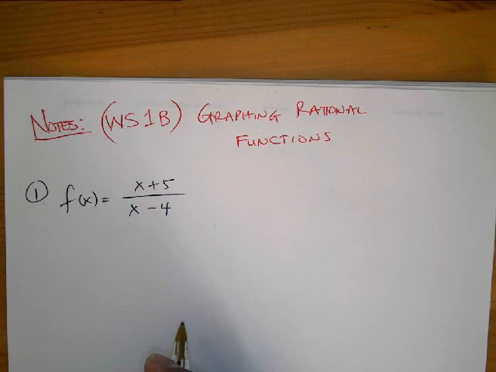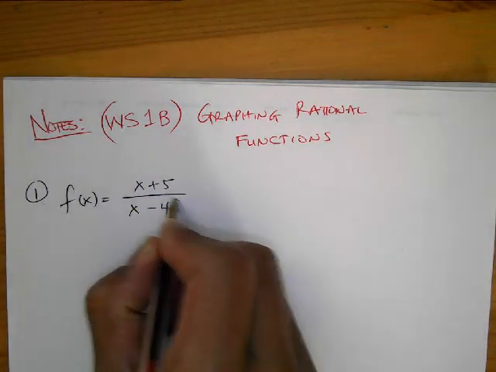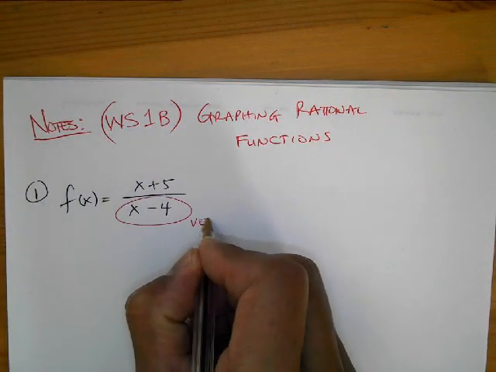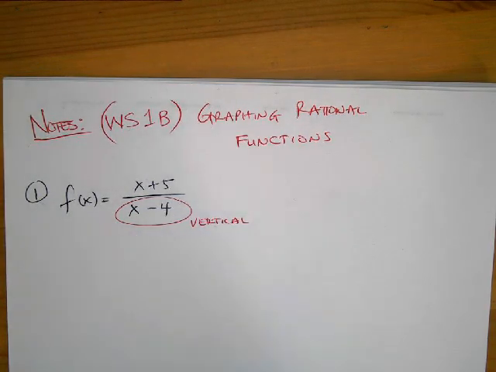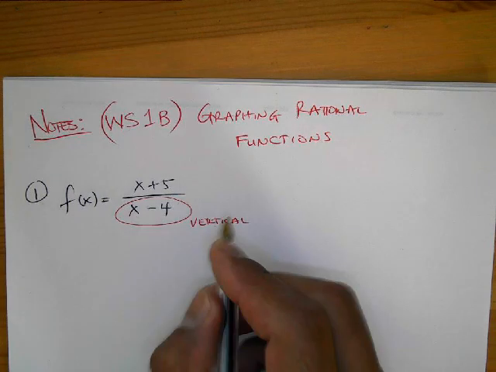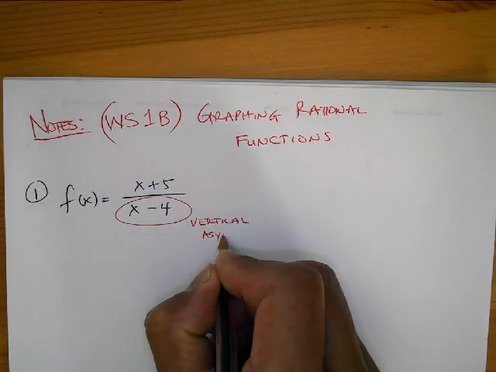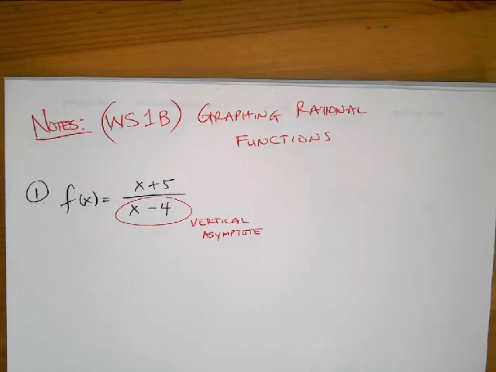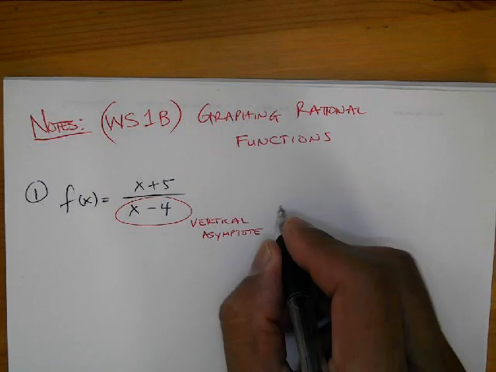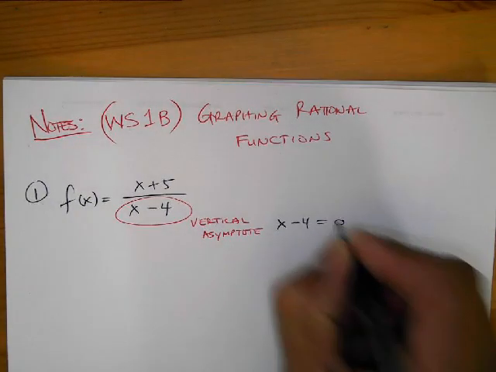Remember, for the vertical asymptote, it's finding the 0 here, right? Because you can't have a 0 in the denominator, so you find the 0 for this, which will give you the vertical asymptote. So you pretty much put x minus 4 equals 0, right?